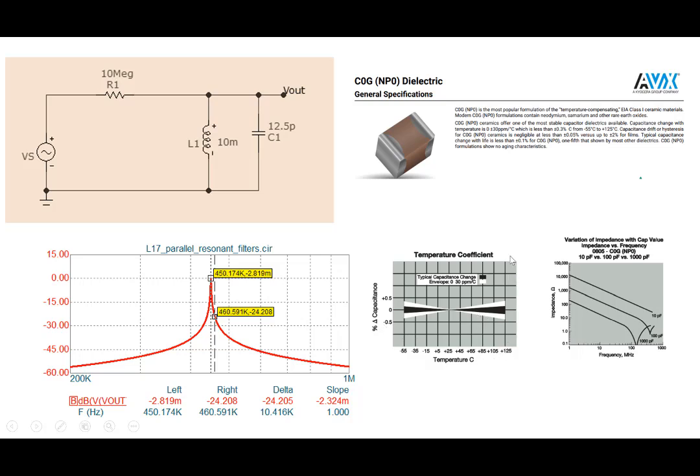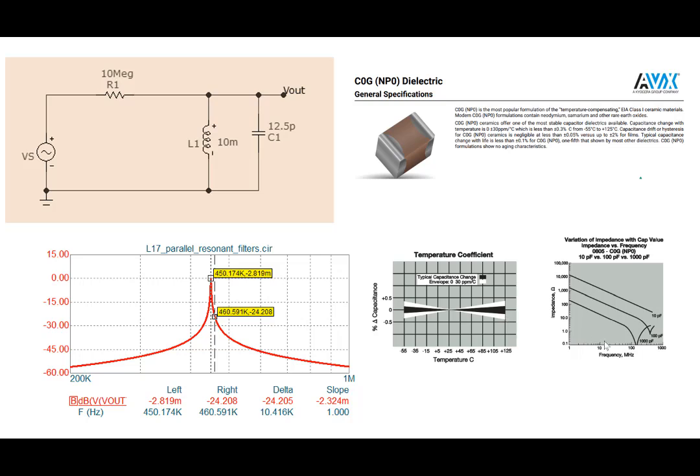These are very special capacitors, temperature compensating capacitors. But even here, you can see that as you go to higher or lower temperatures, the change in capacitance is 2-3% at least. And even this 2-3% change in capacitance may not be acceptable to you.